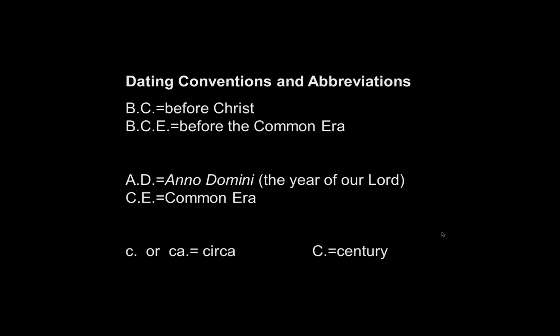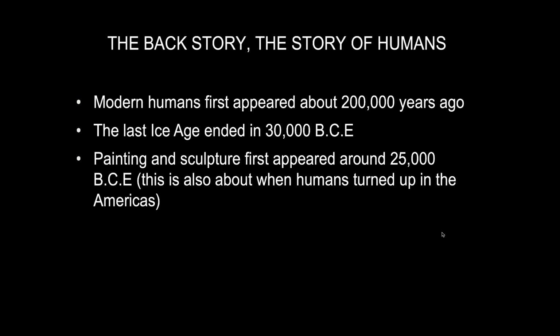You will see a couple of abbreviations over the course of our time. C or CA means circa, which means about, and that big capital C means century. And so as we move into this, we're looking at the fact that our modern humans first appeared about 200,000 years ago. And the last ice age ended about 30,000 years ago. And that puts us in our Paleolithic time period, that 30,000 years ago.